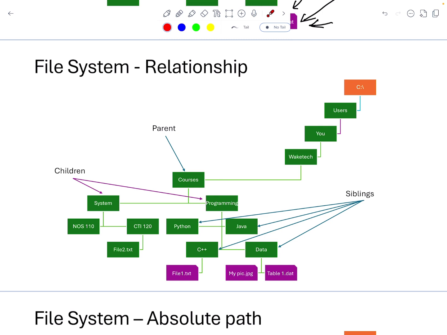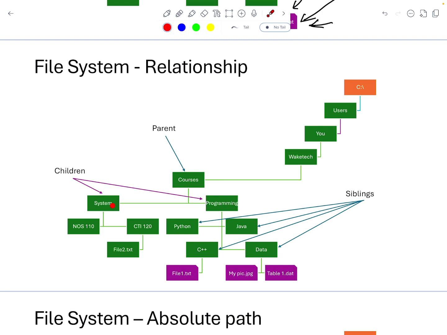The directory at the previous level is the immediate parent for the children.